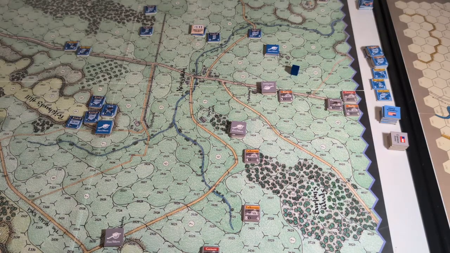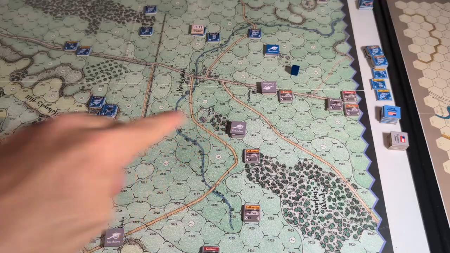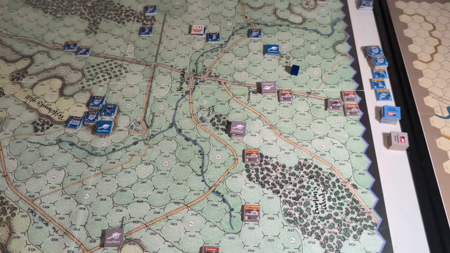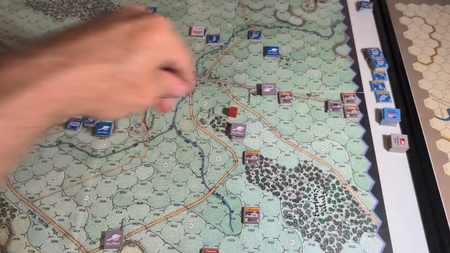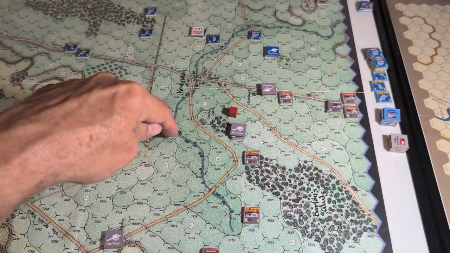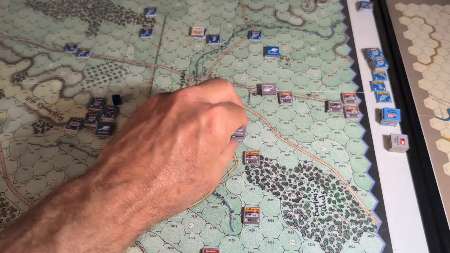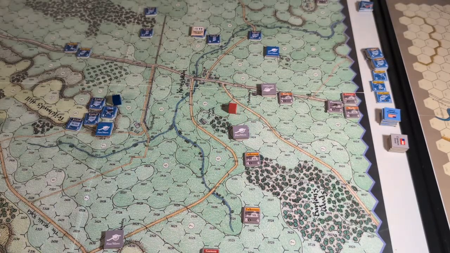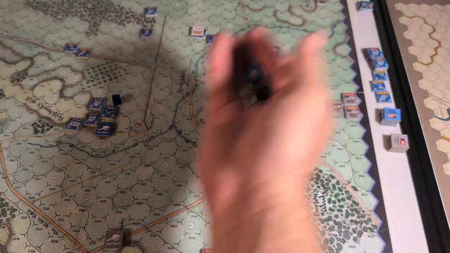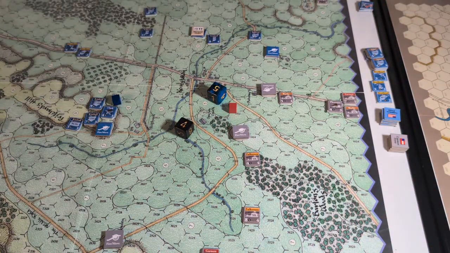Now Clark is going to fire here. One, two, three, four, five, six, seven, 8. That is going to be rifled. 8 is long range, so he's going to have a strength of 2. 54.